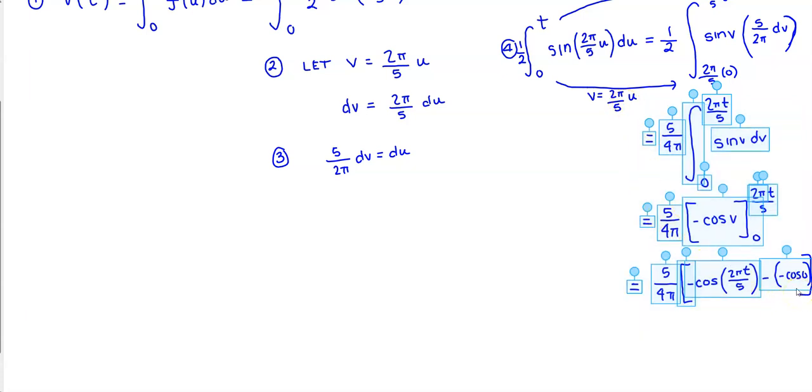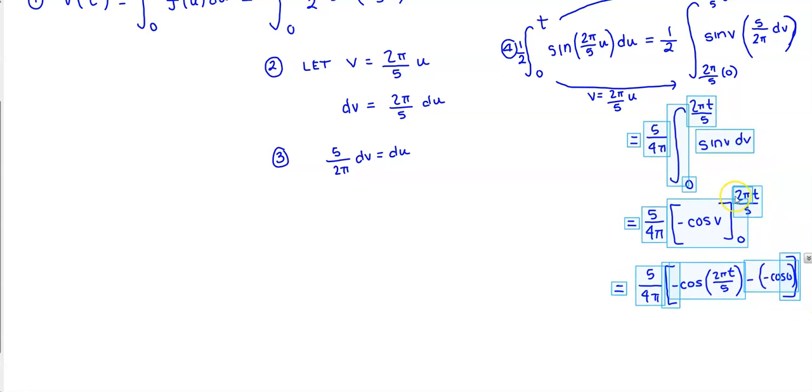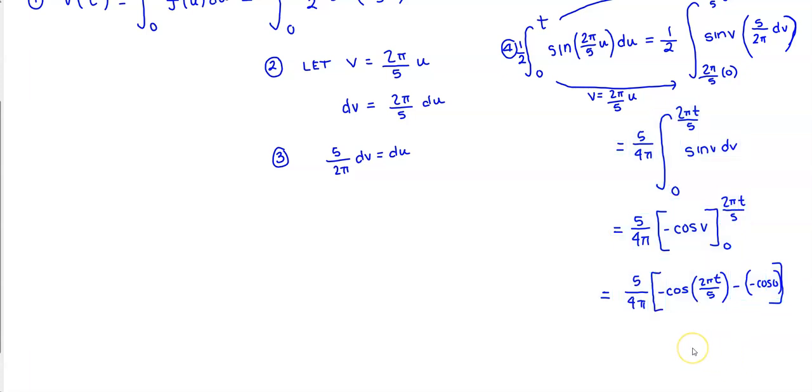So now that we have that, let's continue. What do we get on this side? We get 5 over 4 pi times negative cosine of 2 pi t over 5, plus the cosine of 0, which is 1.